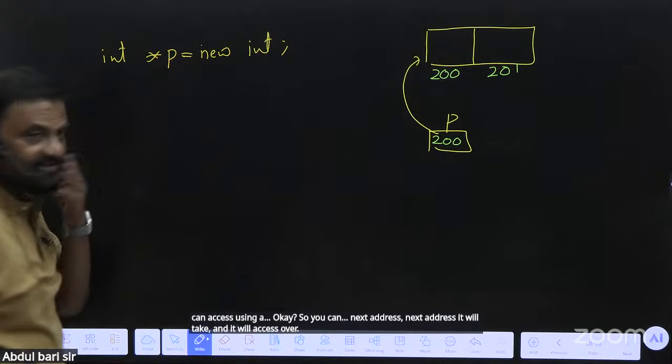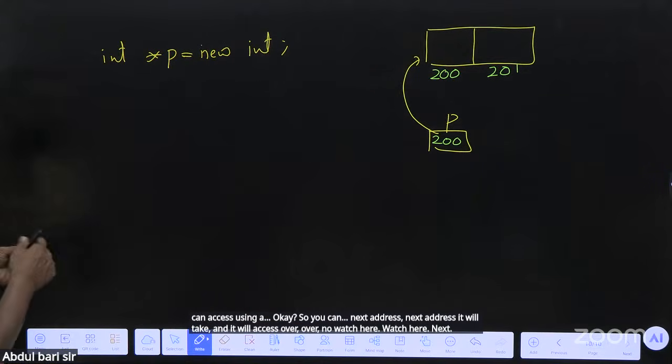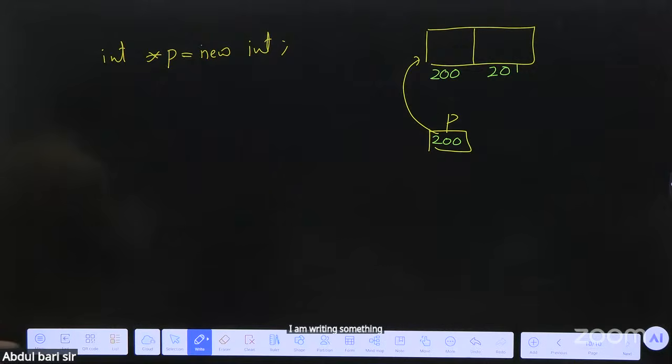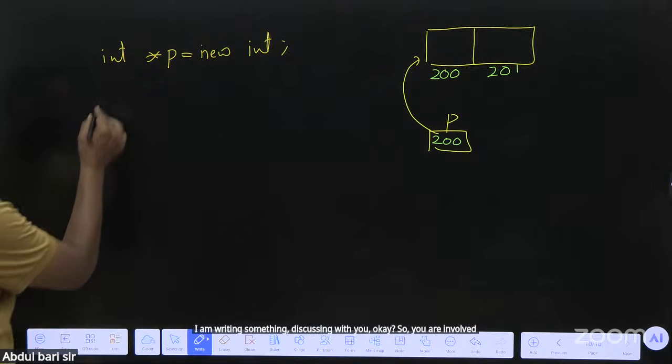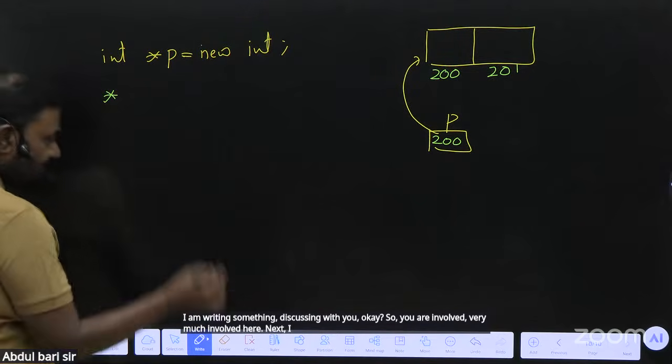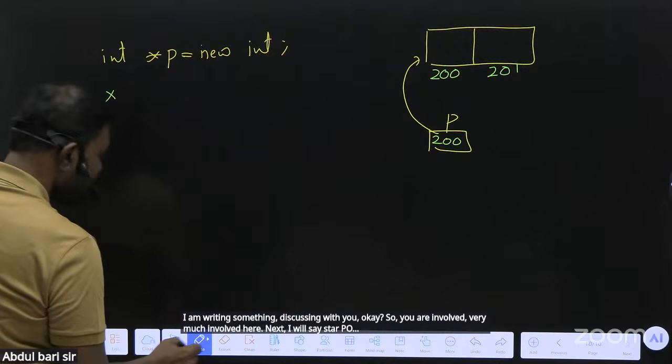Over. Now watch here. Next, I am writing something, discussing with you. So you are very much involved here. Next, I will say star p, yellow color I should take.